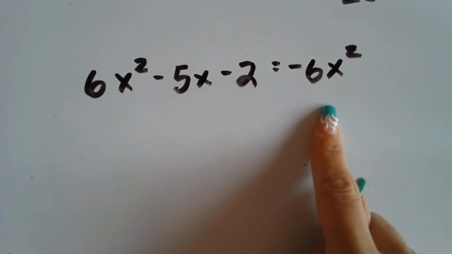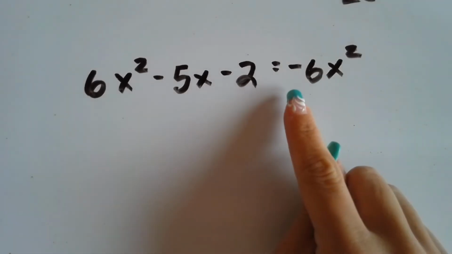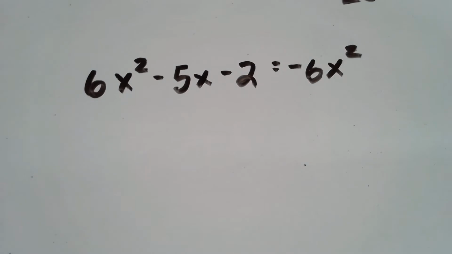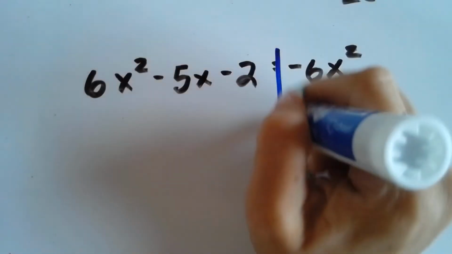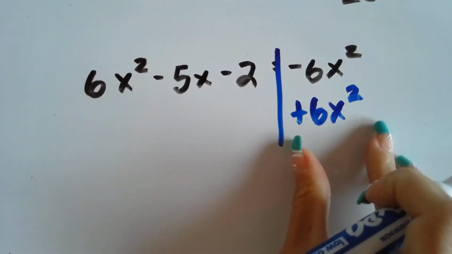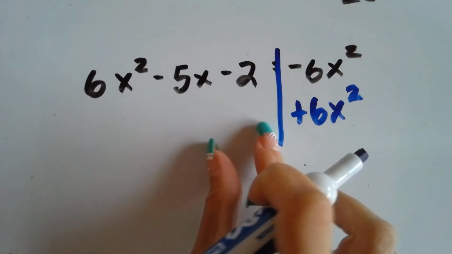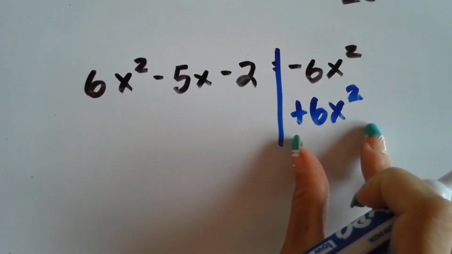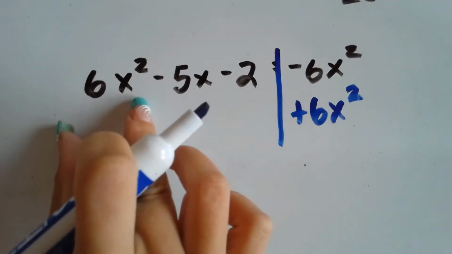Okay, I know that I'm going to make this 0, so if this is a negative 6x squared, I'm going to do the opposite and say plus 6x squared. Now, I already know I have my 3 pieces. So where am I putting the 6x squared? Near the 6x squared, right underneath it.